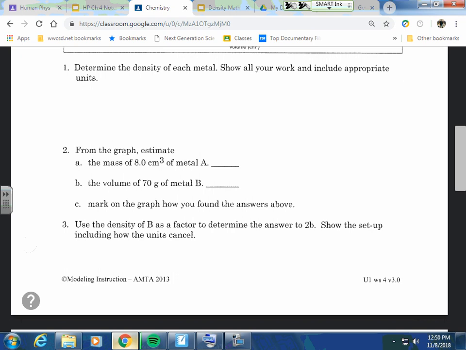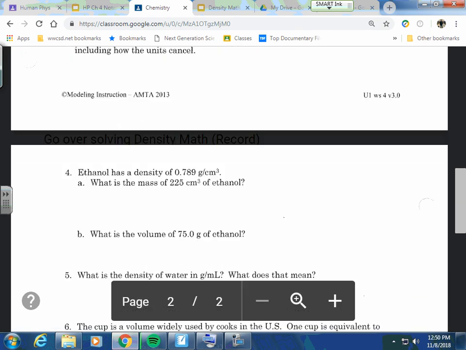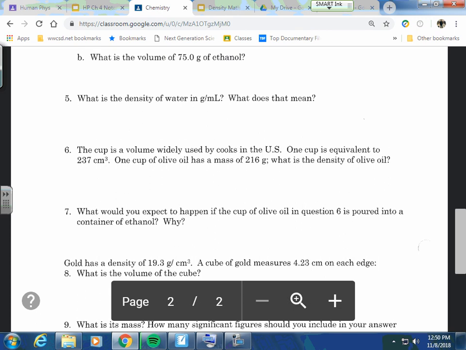Trying to find the density. Number 5. What is the density of water in grams per milliliter? What does that mean? Does anybody know the density of water? It is 1. Convenient, huh? It's 1 gram per milliliter.